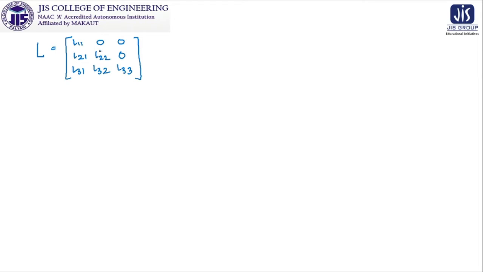In comparison with that, if I write the upper triangular matrix: U11, U12, U13, then 0, U22, U23, then 0, 0, U33.